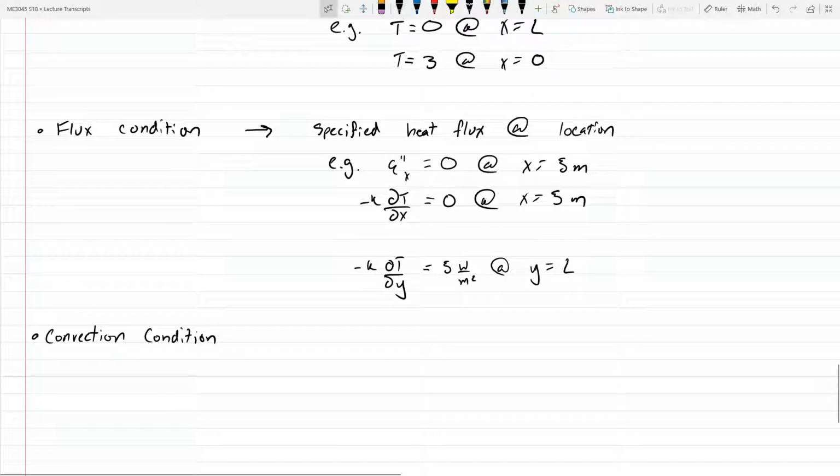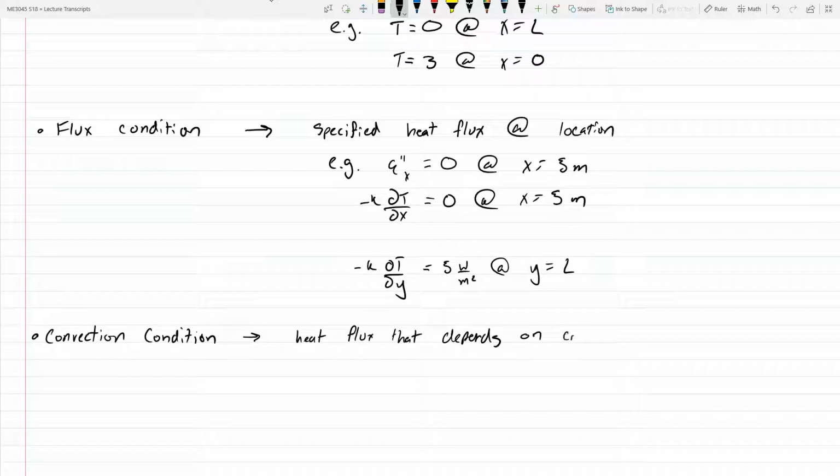And so in this case, this is a version of the heat flux, but it's a heat flux that depends on the convection rate at the boundary. So, in other words, q double prime x, or q double prime normal to the boundary, has to be equal to q double prime convection.